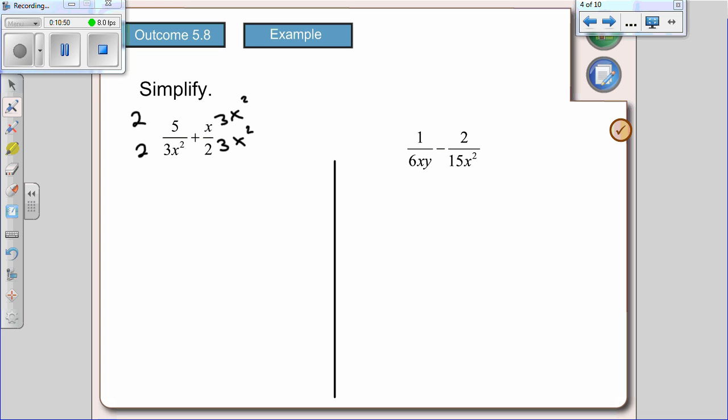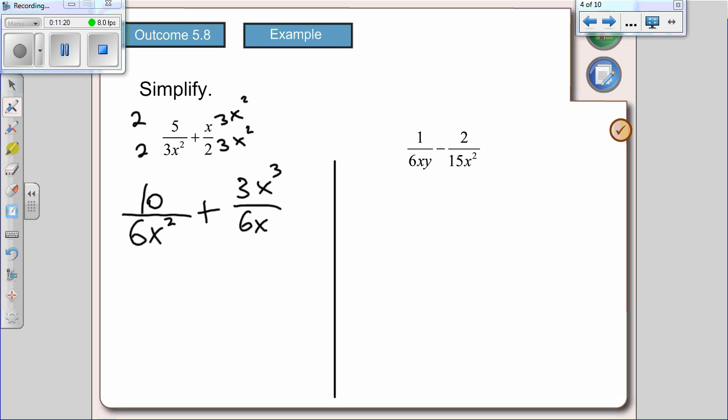So you're going to get 10 divided by 6x squared plus 3x squared times x is 3x cubed. Remember, you just add your exponents. So x squared times x, 2 plus 1, x cubed. Divided by 6x squared.